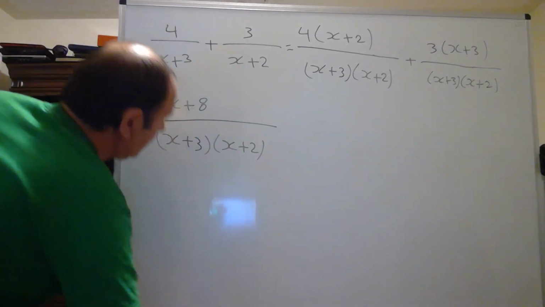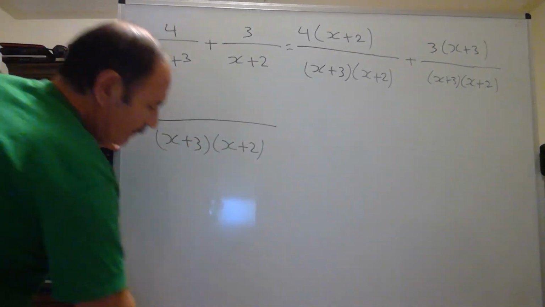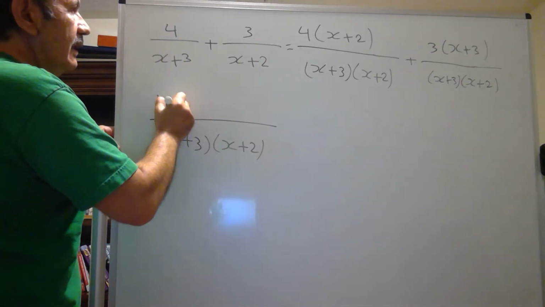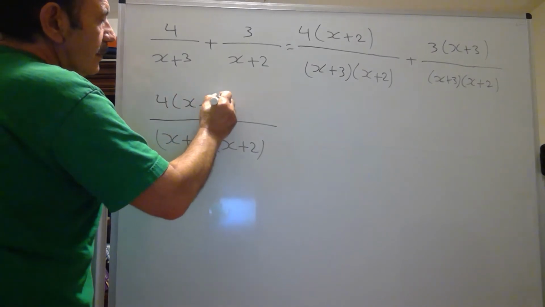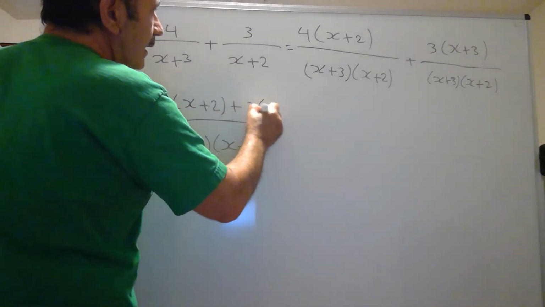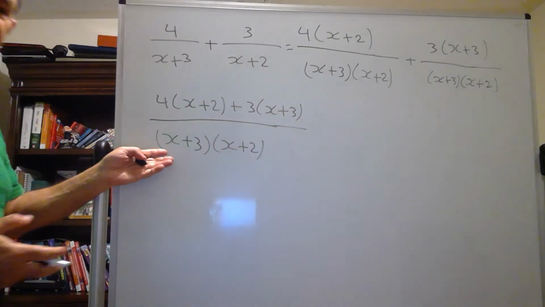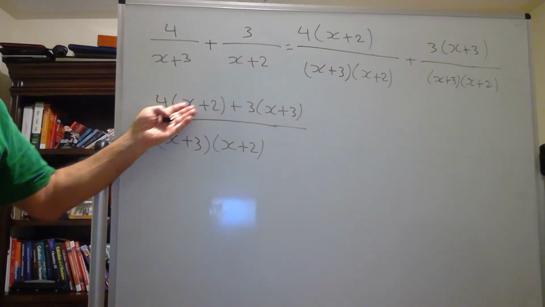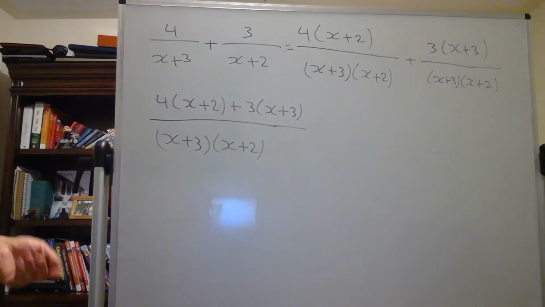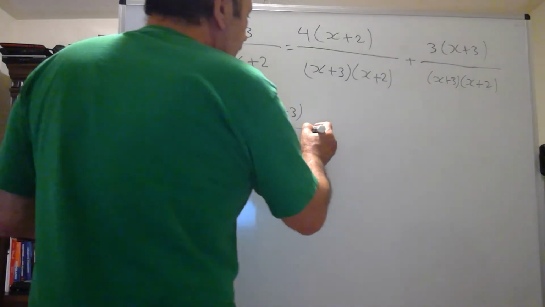Let me write it step by step to not confuse it. So it's gonna be 4 times x plus 2 plus 3 times x plus 3. Right? I write the same denominator and did the algebraic addition of numerator. Now let's simplify it.